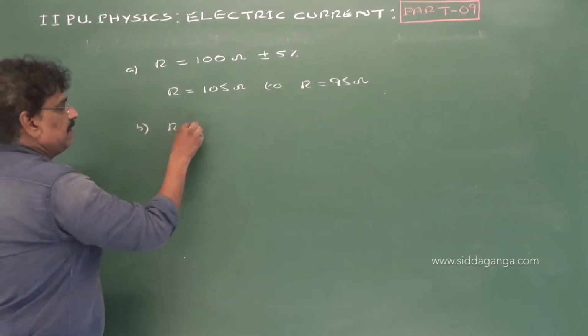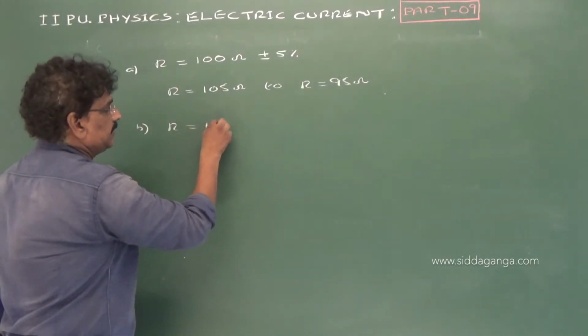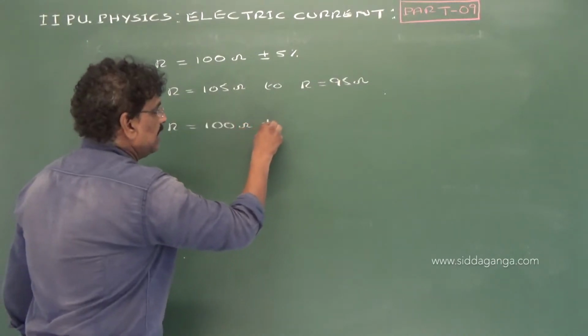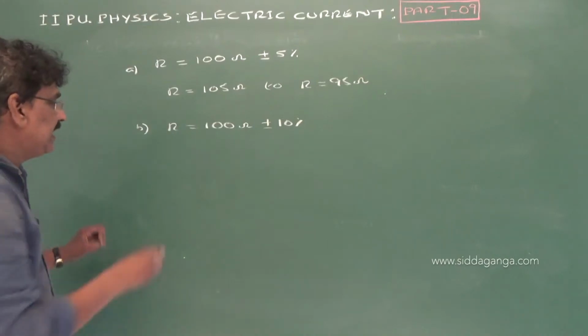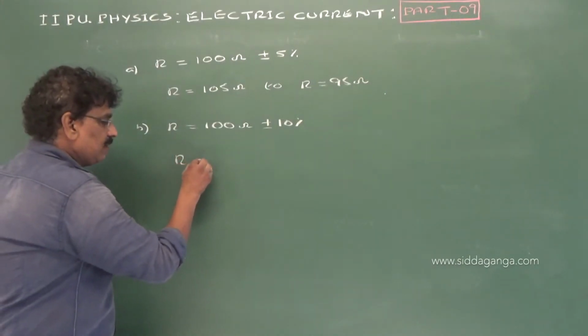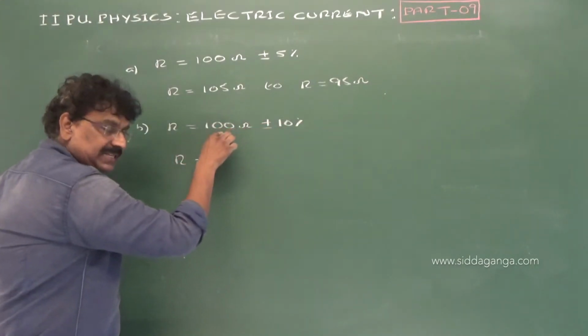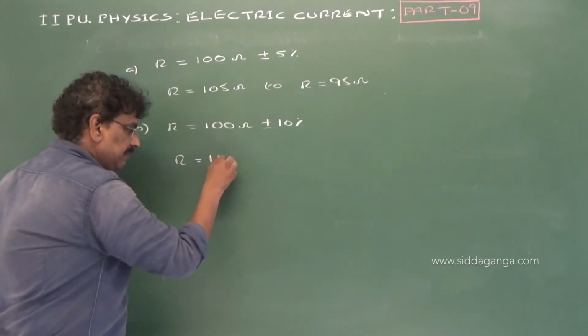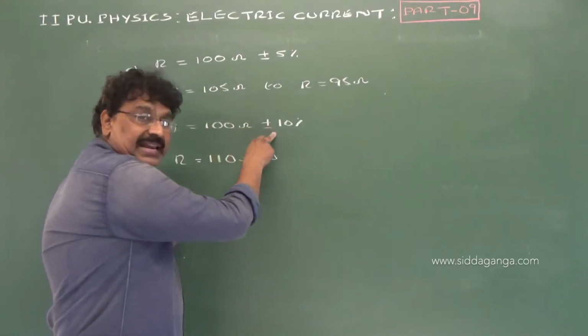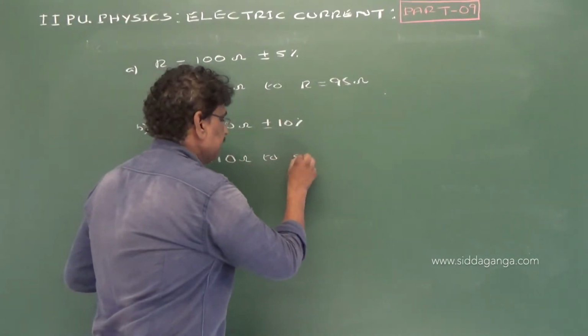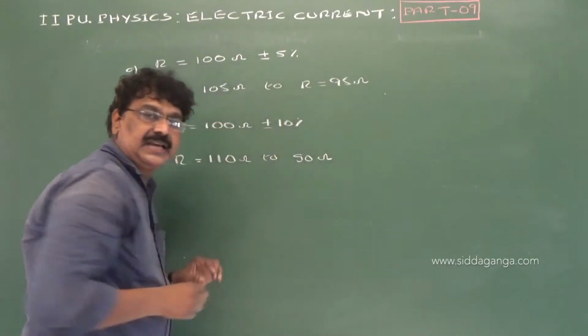Suppose we have R is equal to 100 ohm plus or minus 10%. What does it mean? Then here the resistance value may vary from plus 10% of this, 110 ohm, to minus 10% of this, 90 ohm.